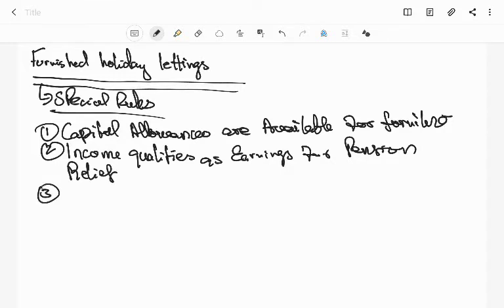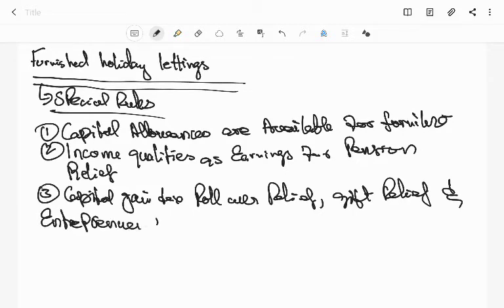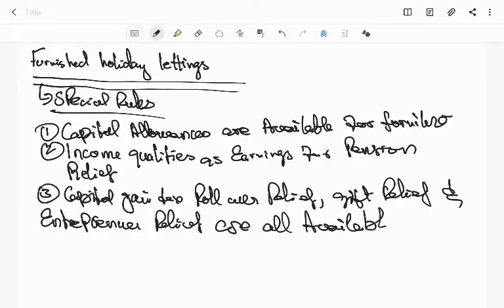Number three, capital gains tax rollover relief. Gift reliefs and entrepreneurs' relief are all available, right? And these reliefs will come into the later chapters as well.